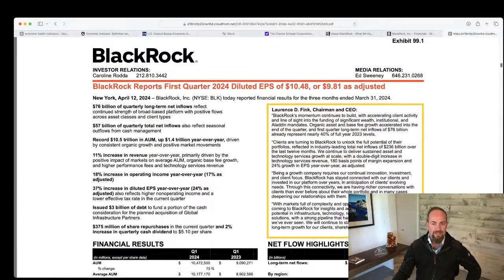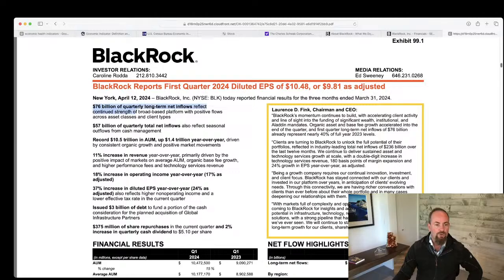This is the page I wanted to get to. BlackRock reports first quarter 2024 diluted earnings per share of $10.48, or on an adjusted basis, $9.81.